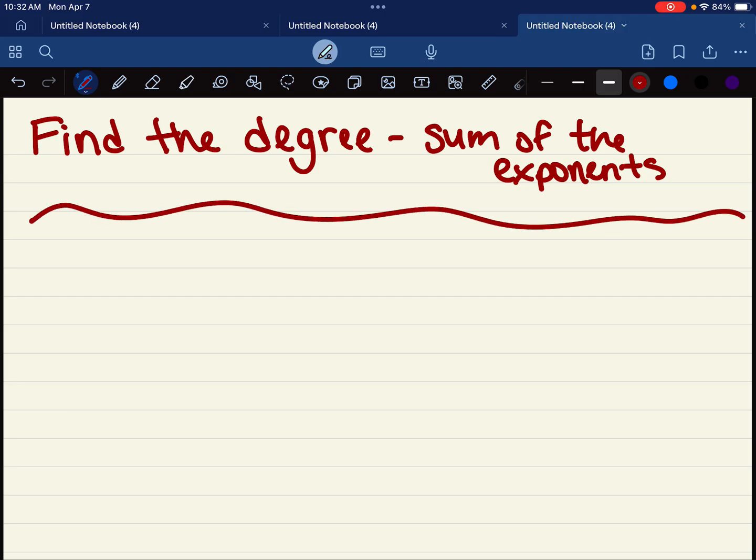Okay, when it asks you to find the degree, it is just the sum of the exponents for each monomial, okay? So if I have a term that says 3a squared b cubed, all you have to do is add your exponents together. What is 2 plus 3? 5. So my degree here is 5.